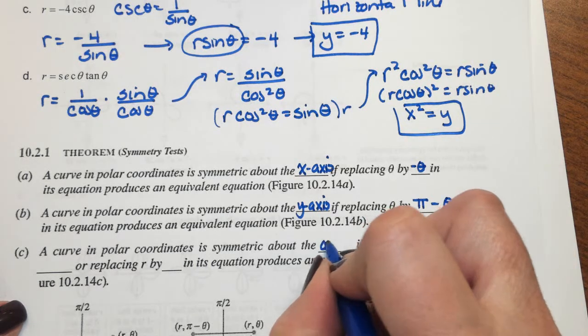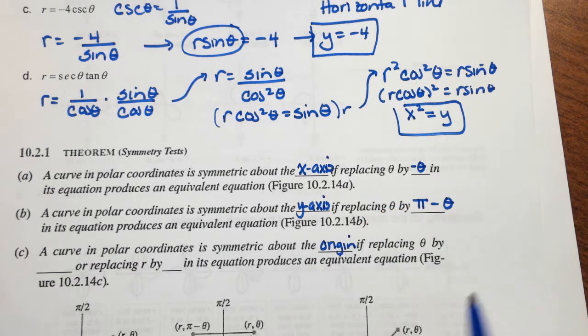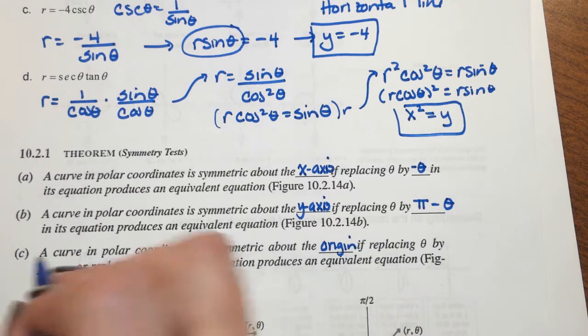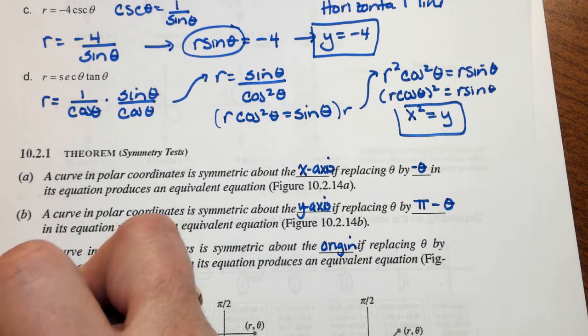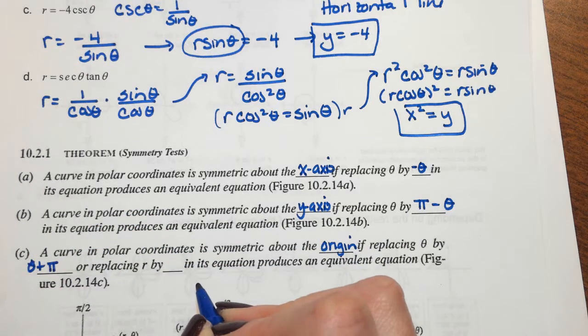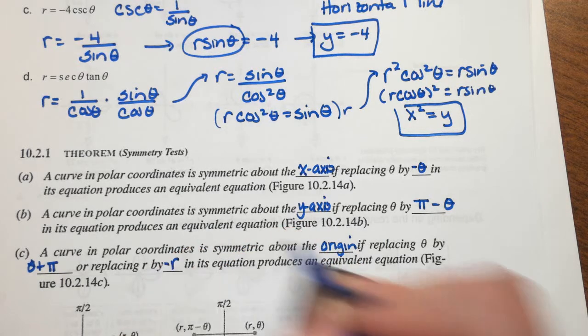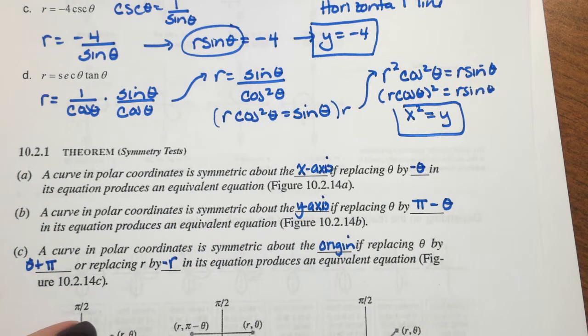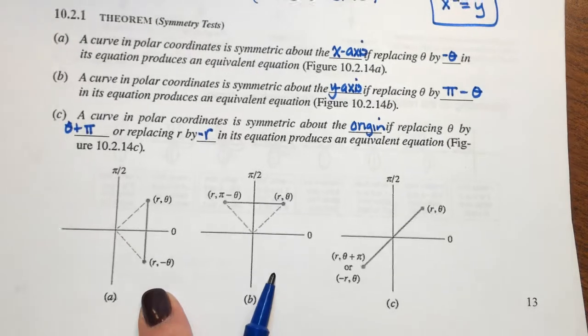It's symmetric about the origin if replacing theta by theta plus pi, or by replacing r with negative r. So again, you can kind of see what those symmetries are by these particular graphs.